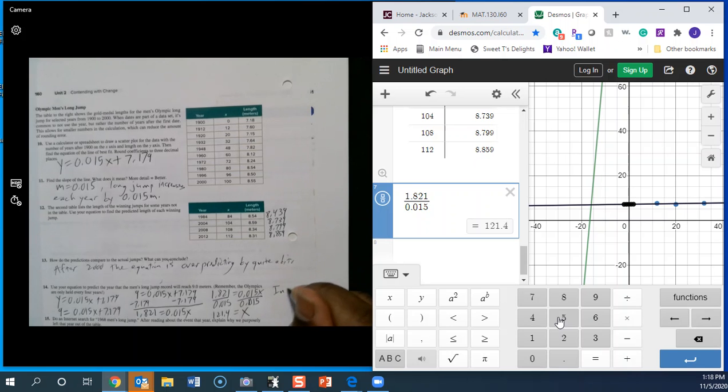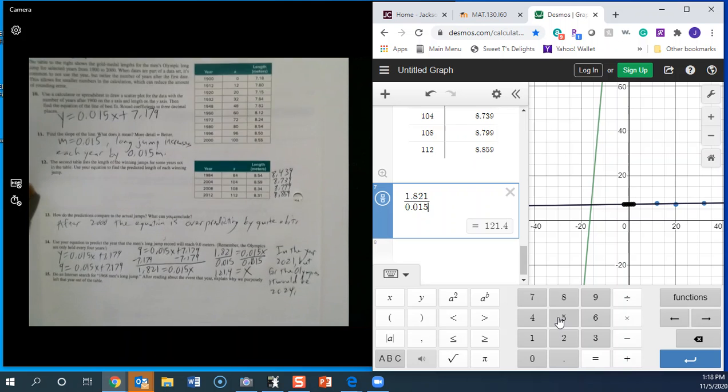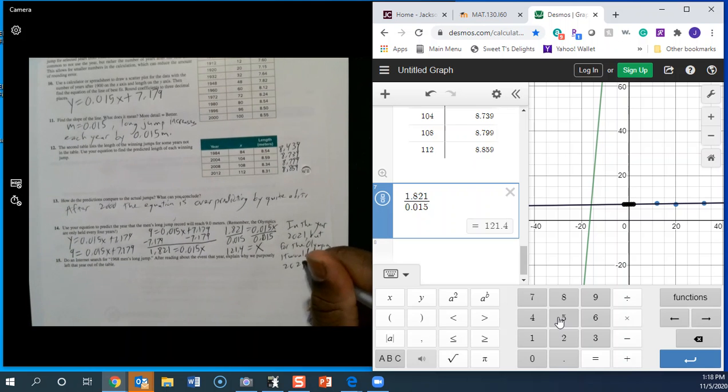So it's supposed to be in the year 2021, but for the Olympics, it would be 2024. Because remember, the Olympics is held every 4 years.